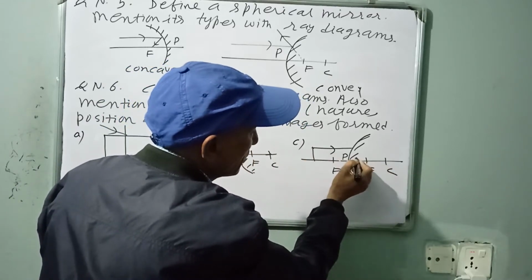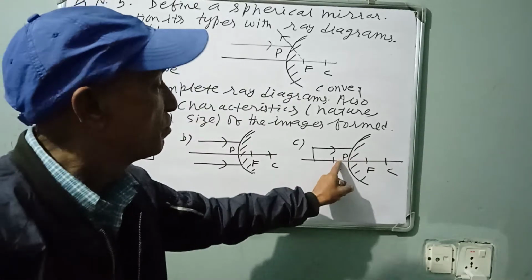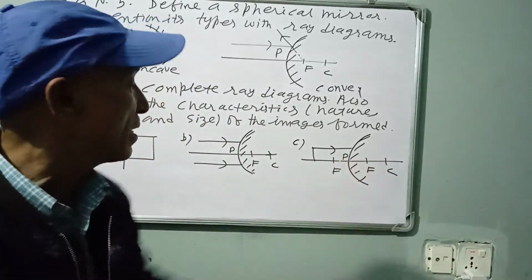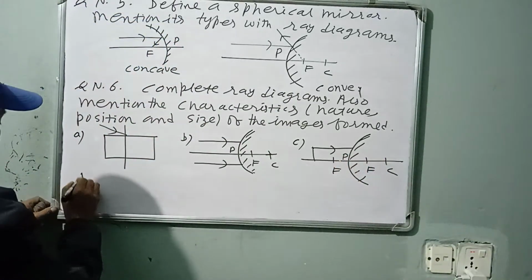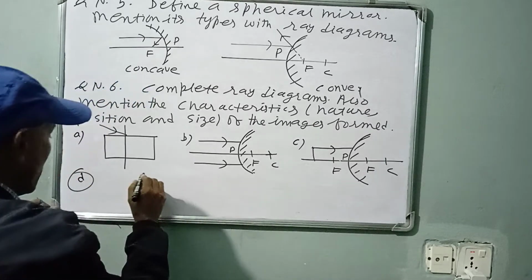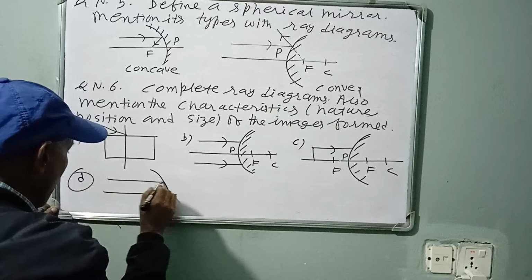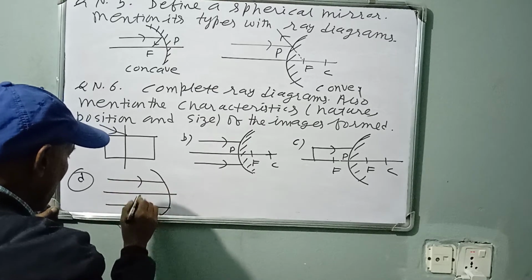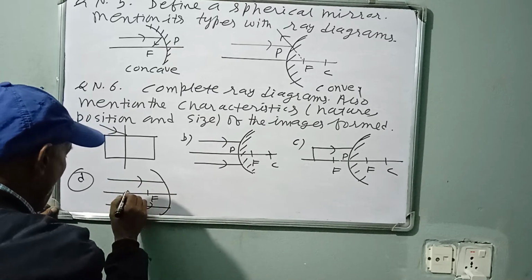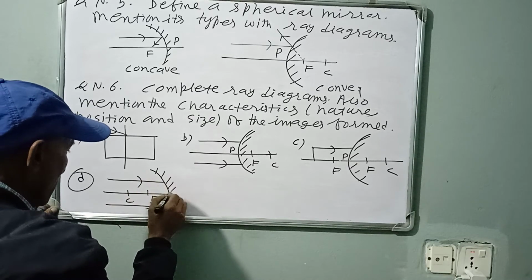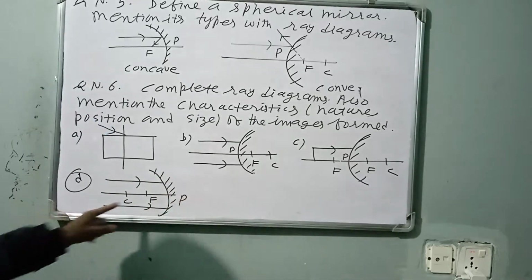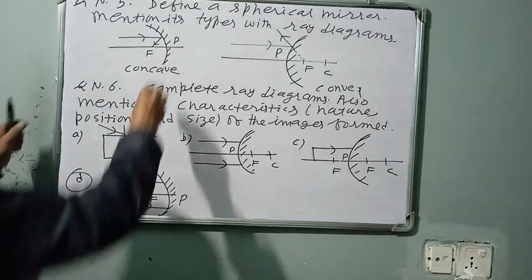They meet at somewhere between P and M. Virtual erect and diminished image. D number, focus, C. This one is a concave mirror. D.